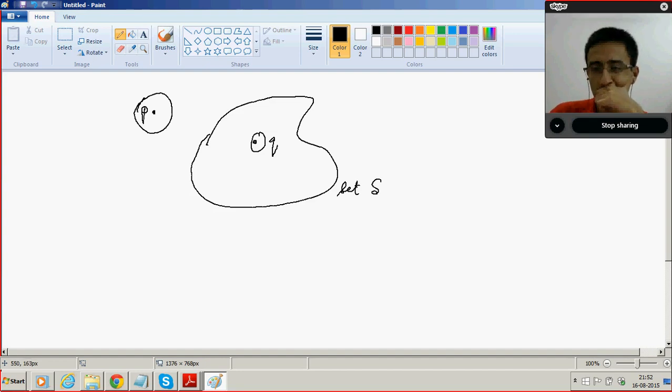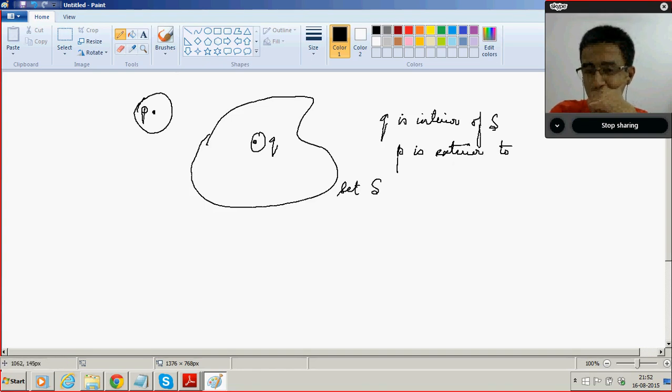I think this figure illustrates Q is in the interior of S, P is exterior to S, and points which neither belong to this part nor this region form the boundary.